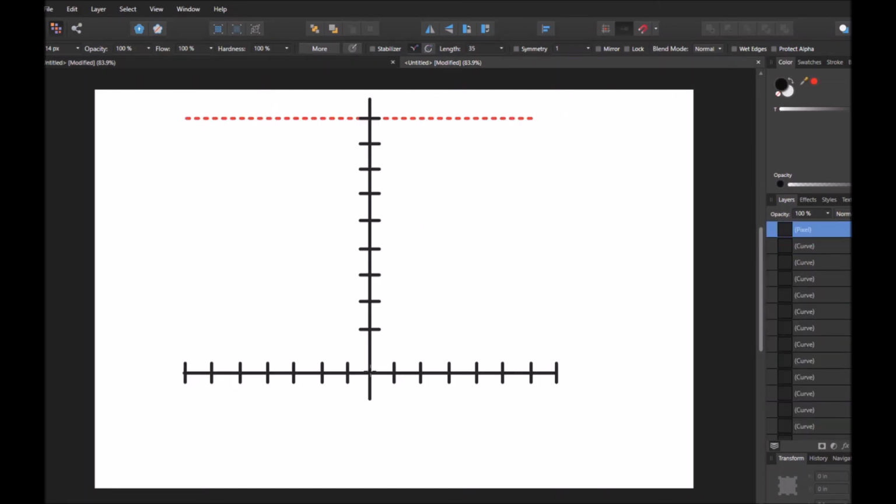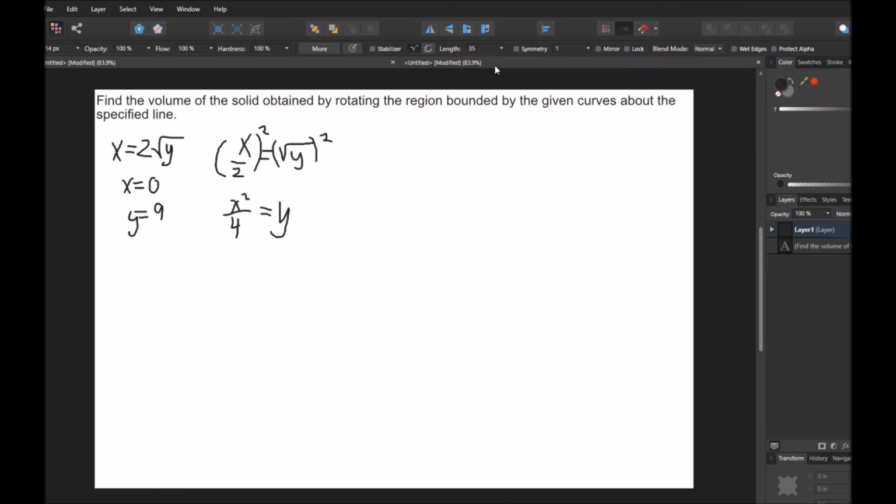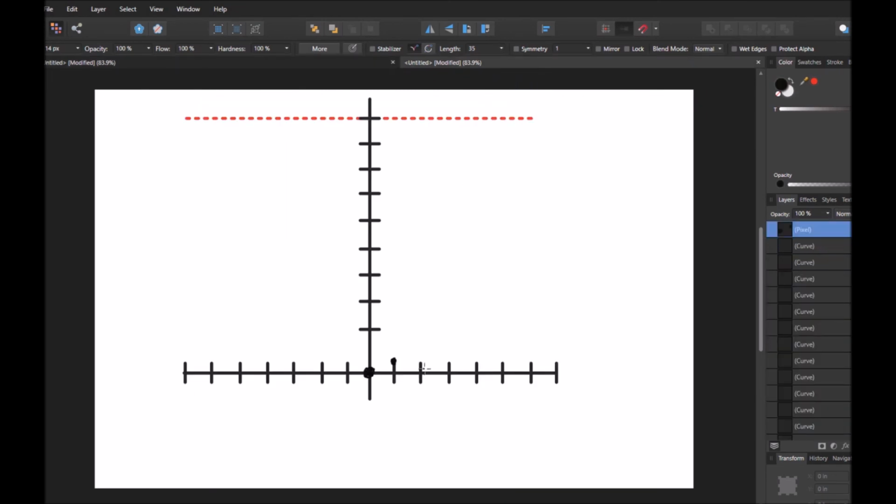So if we plug in 0, we're going to get 0. If we plug in 1, we're going to get 1/4, so that's going to be somewhere over here maybe. If we plug in 2, 2 squared is 4, and 4 divided by 4 is 1. Then 3 squared is 9, so that would be 2 1/4, somewhere like this.